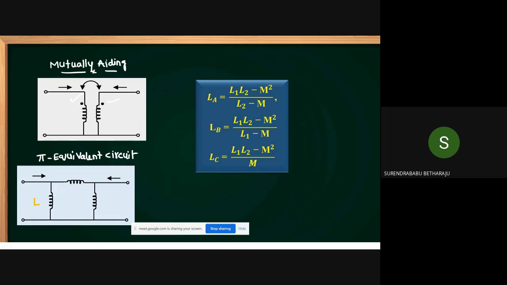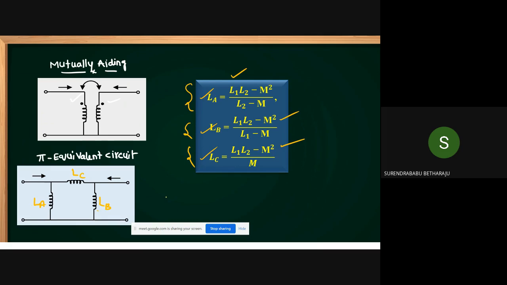Let this be LA, this LB, and this LC, whose formulas are given like this. This does not require any derivation. It is very important, a pi equivalent. Direct formula based questions we expect in the GATE exam. What is LA, what is LB and what is LC?